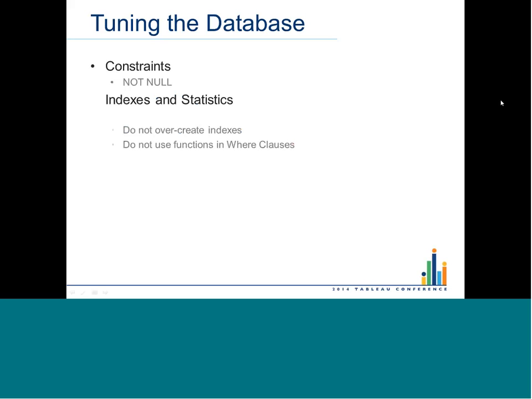Also, creation of indexes and statistics. Statistics is a way for the database to understand more of the query pattern and then to improve on the query optimizer. You can create indexes, and it's best practice to create indexes on join conditions and where clauses, where the database needs to, like a phone book, look into the index and then from there into the individual values that are linked to it.